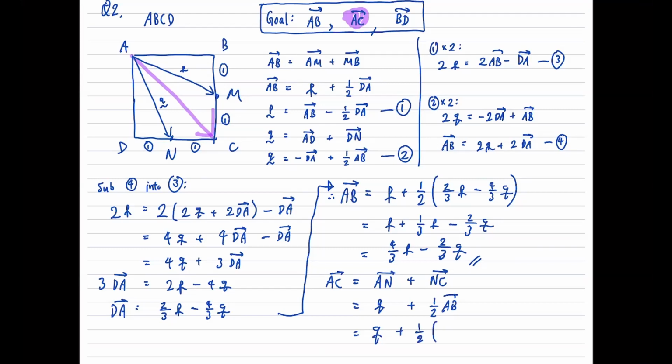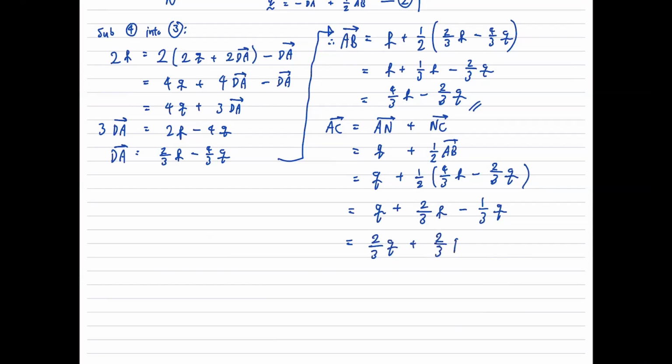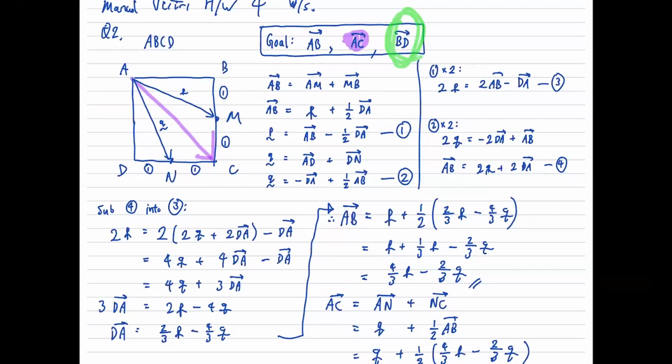So just copy and paste the 4/3 P minus 2/3 Q. Sorry for the handwriting. Then 1 minus 1/3, 2/3. Okay. Then not done yet, because remember BD I haven't found yet.